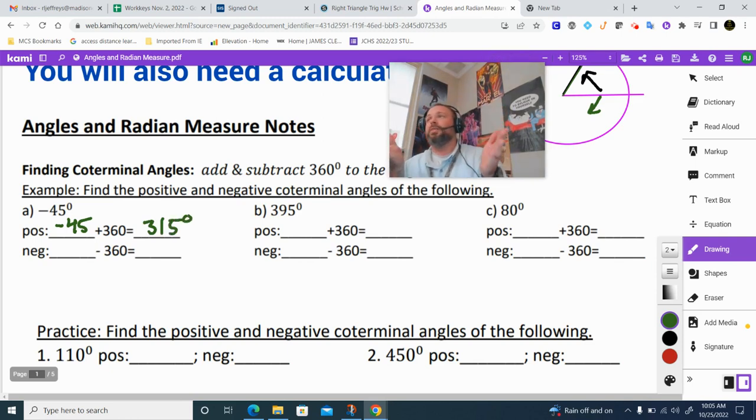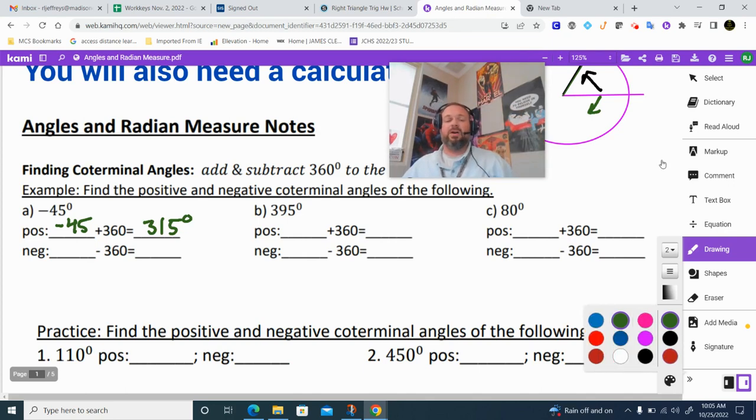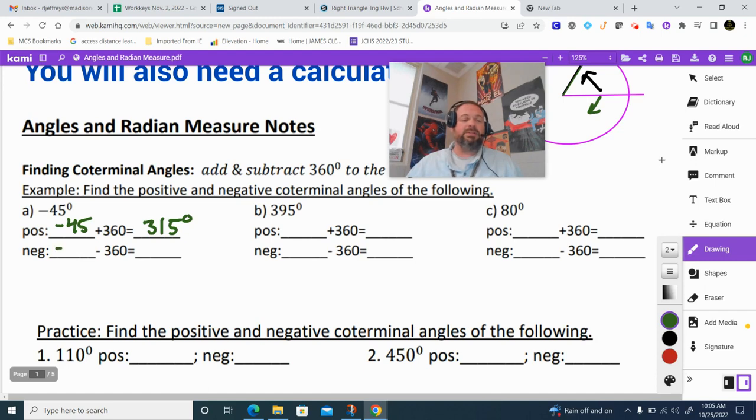That's one of the coterminal angles, because 360 degrees is a round circle. For our negative, we would take negative 45 minus 360 and get negative 405 degrees.